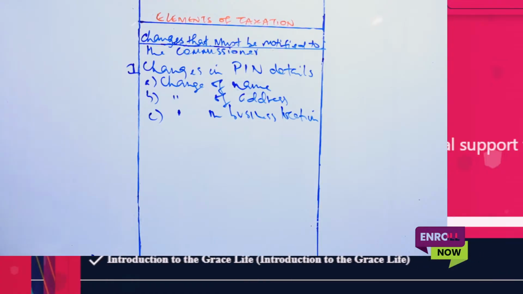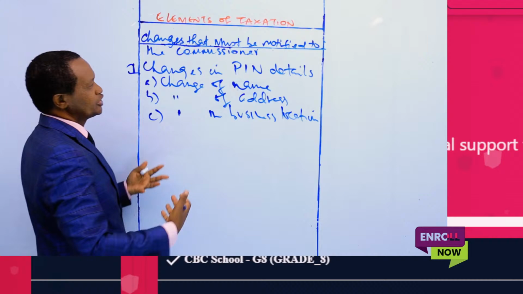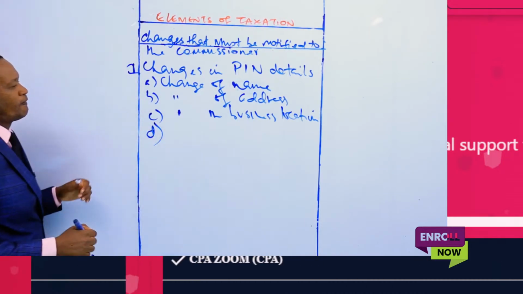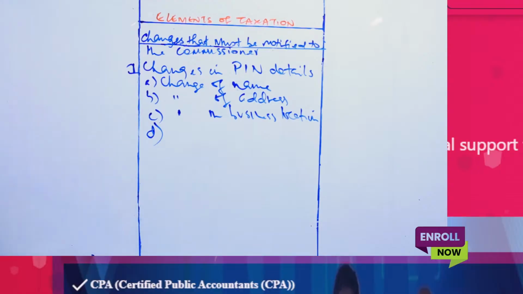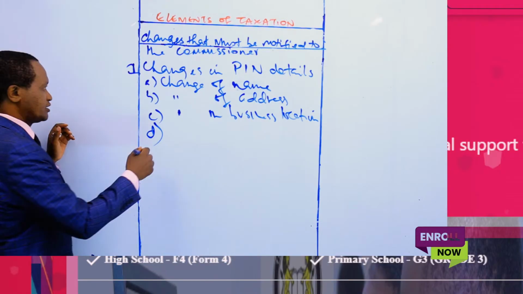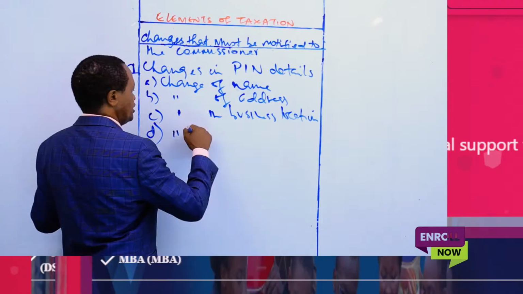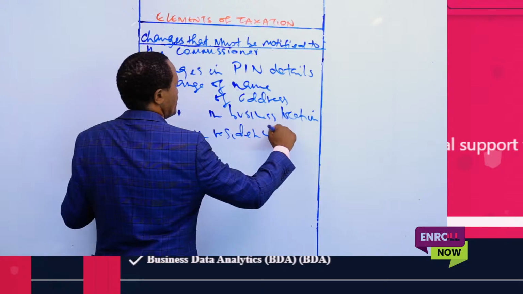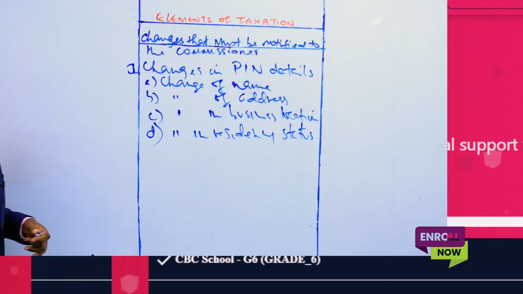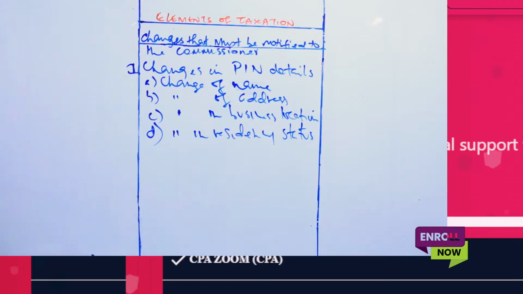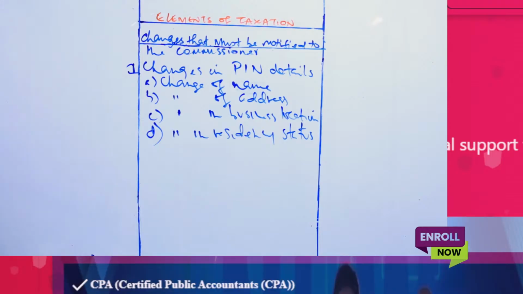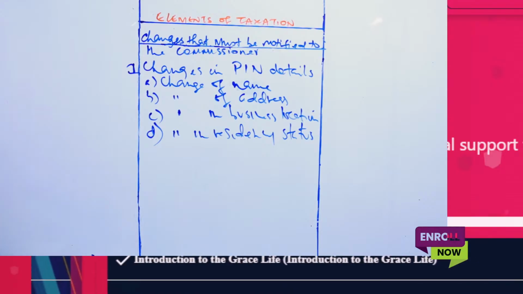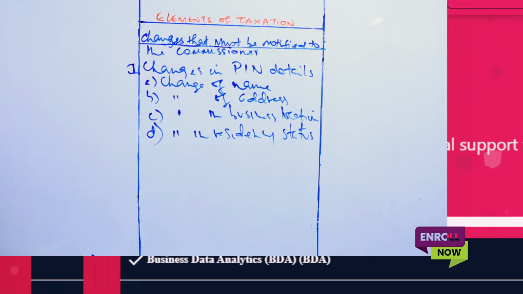If a business moves its premises, then that change has to be communicated to the Commissioner. Number 4 is change in residency status. For individuals, if their tax residence changes, then that has to be notified to the Commissioner.